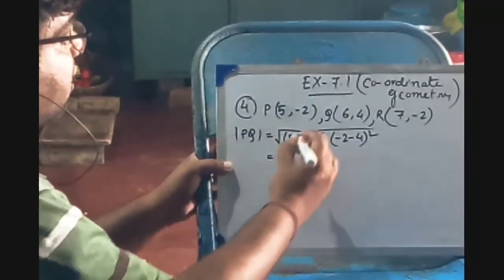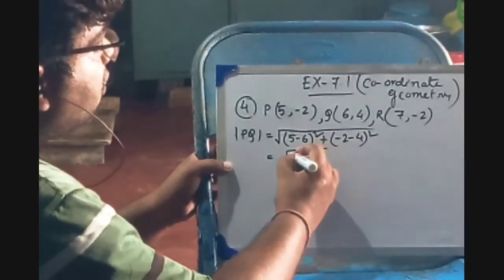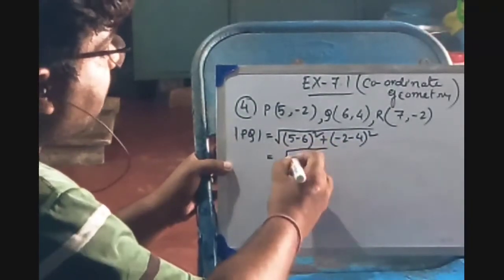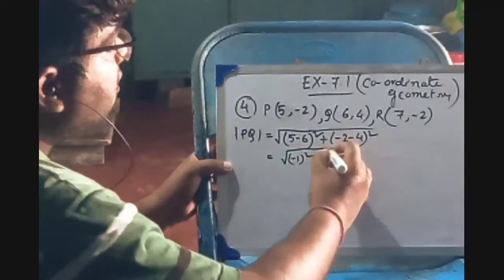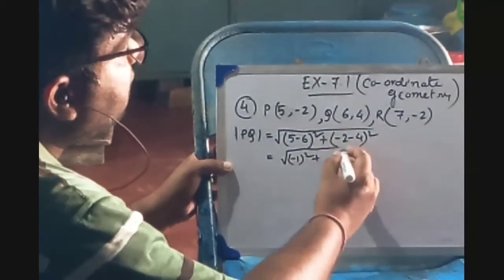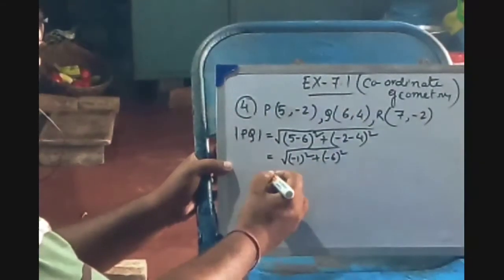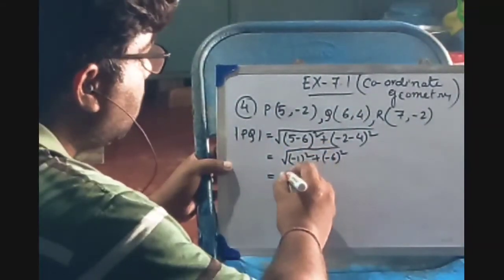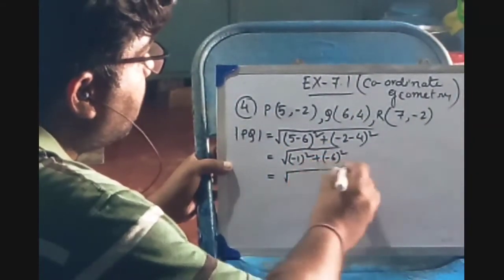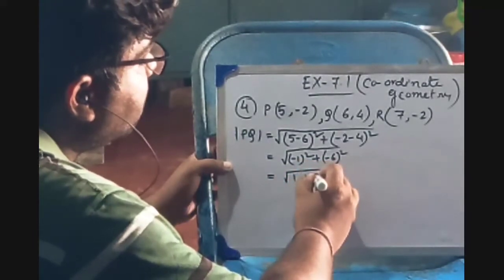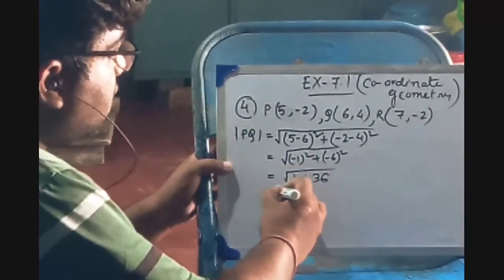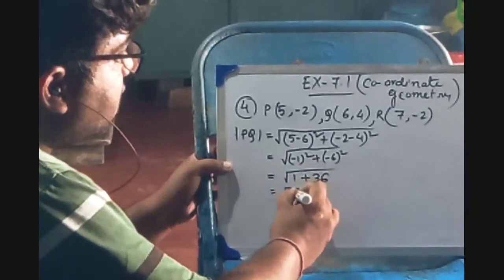That equals root over of (-1) square plus (-6) square, so that equals root over of 1 plus 36. So that equals root over of 37.